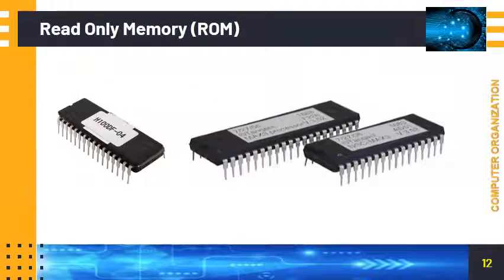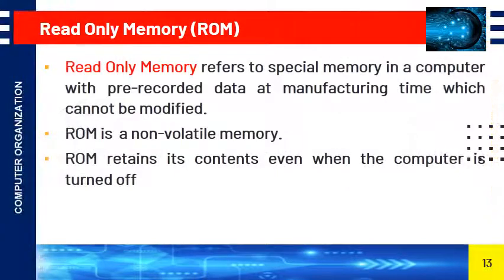Next, this is the picture of ROM. ROM stands for read only memory. Read only memory refers to special memory in a computer with pre-recorded data at manufacturing time which cannot be modified.